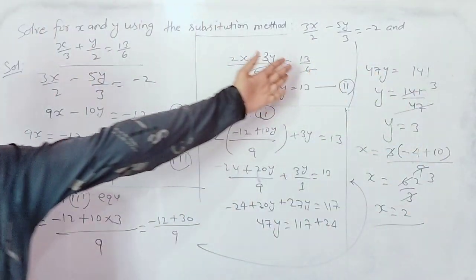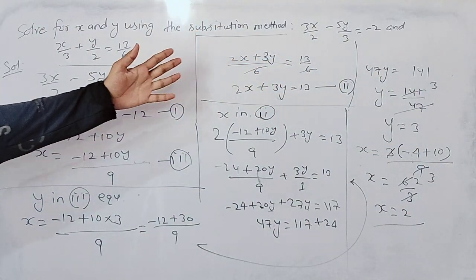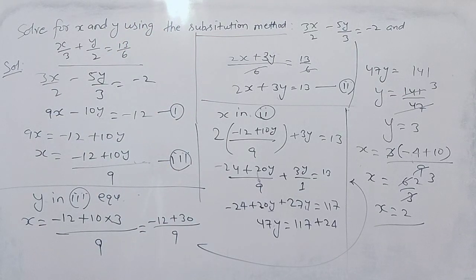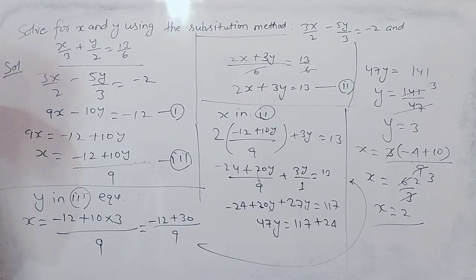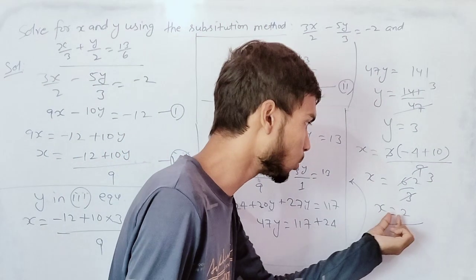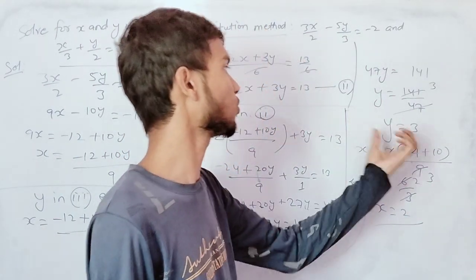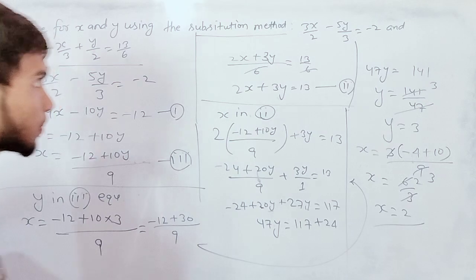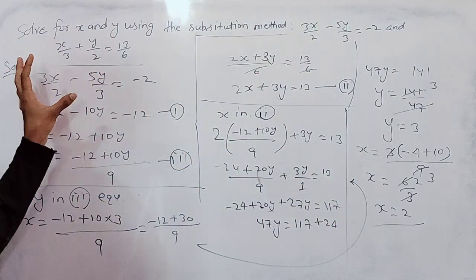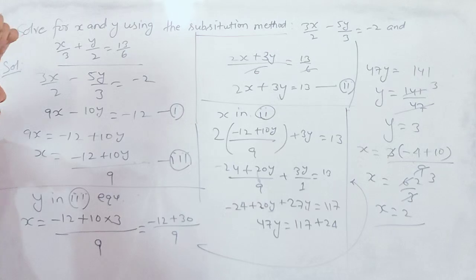After applying the substitution method, I can say that our answer is correct. Even you can check it: put the value of x and the value of y which came in the first equation, then you will get the result.